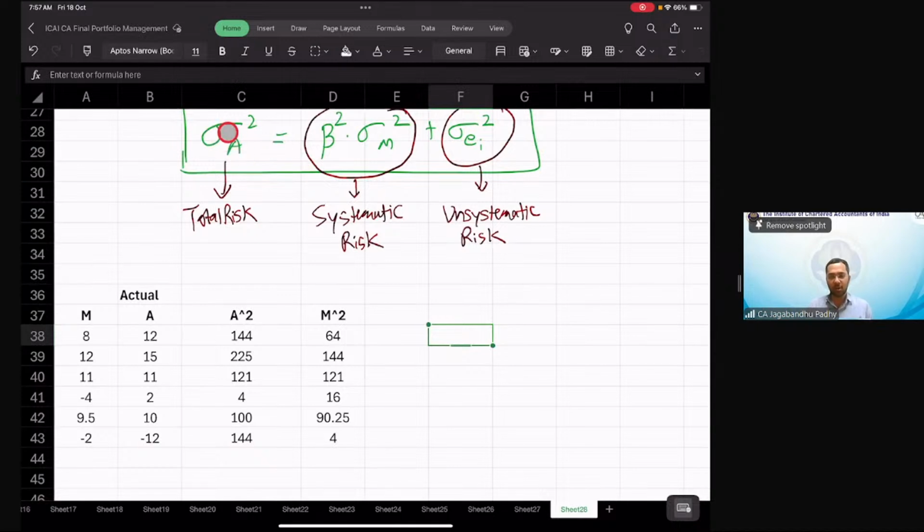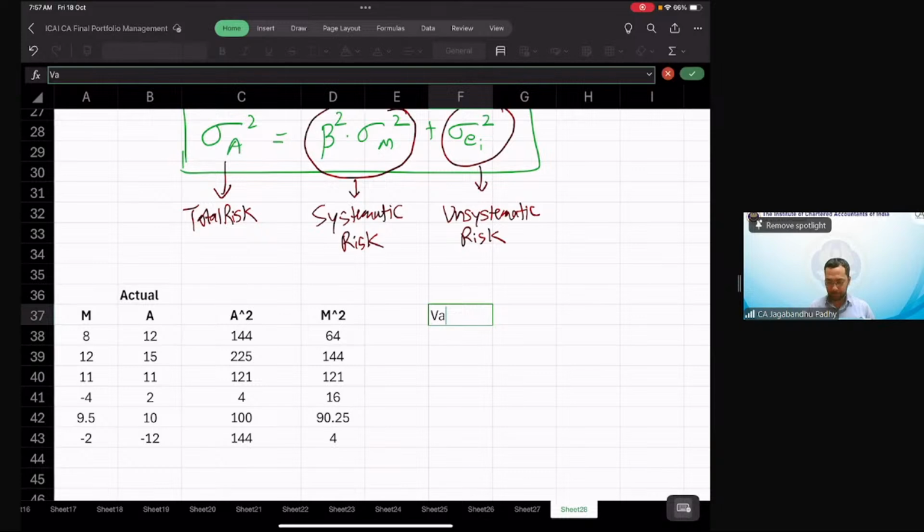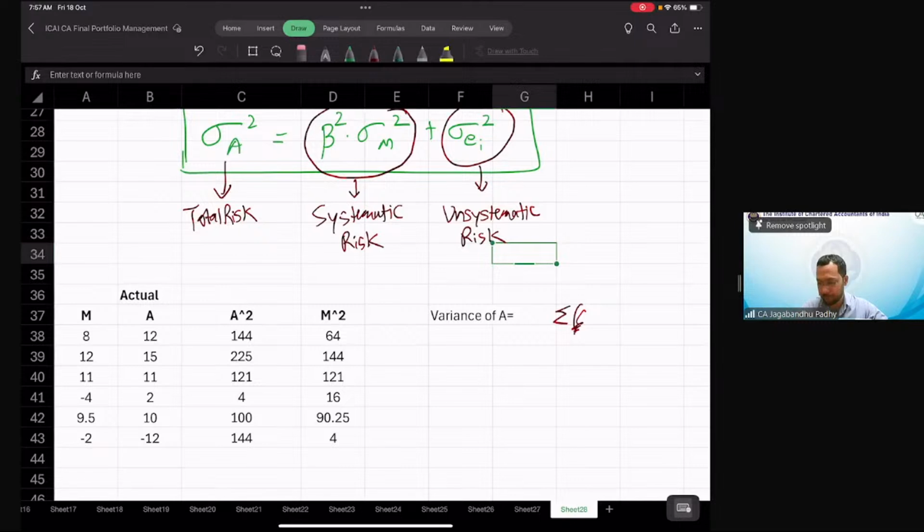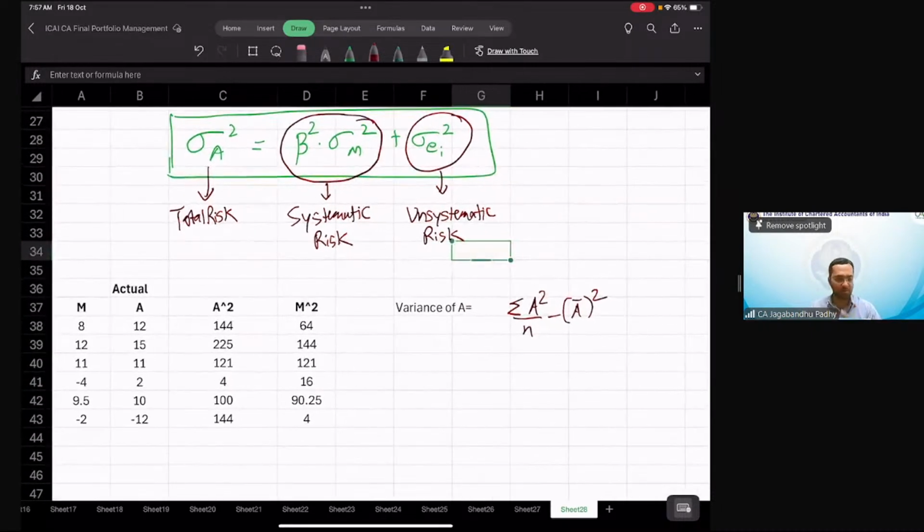To compute the total risk, I need the variance of A. I can compute it simply by taking summation of A square upon n minus A bar square. This is nothing but the same standard deviation formula, but without the square root sign.